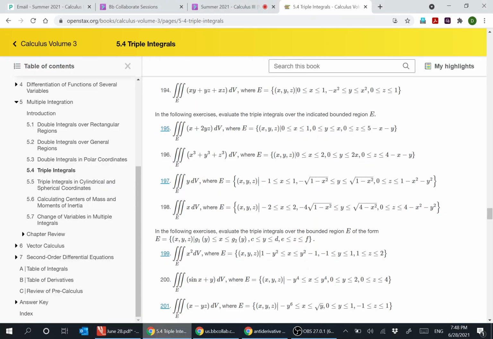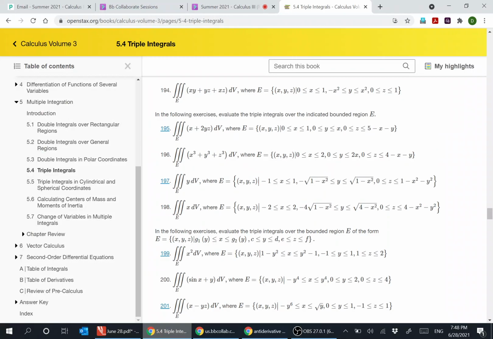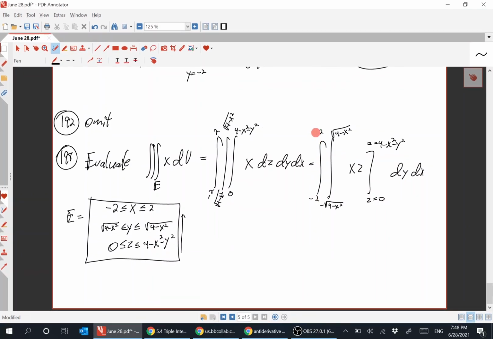And starting at 0. And then dy dx. So this is just 4 minus x squared minus y squared times x here.